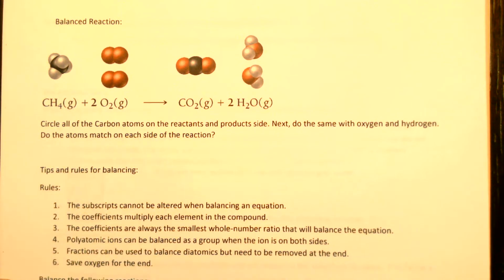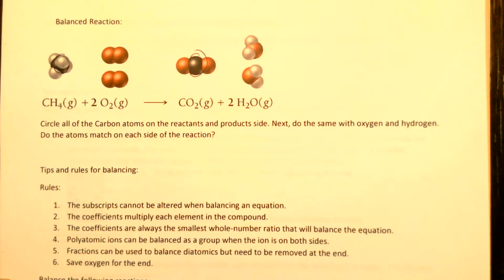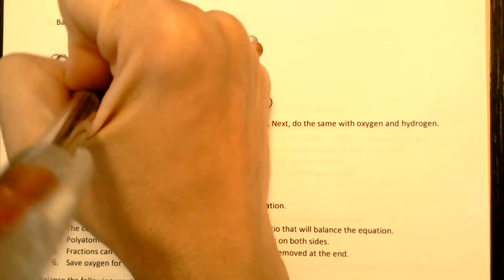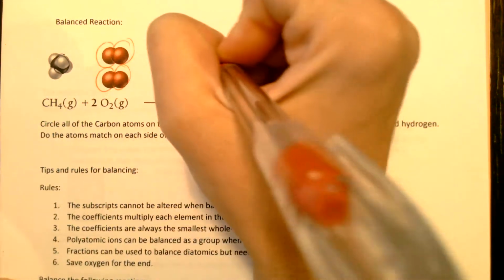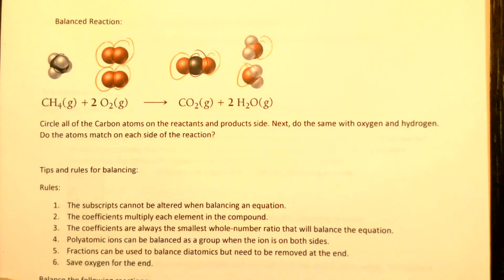So circle all of the carbon atoms, so here and here. Next, do the same with oxygen. 1, 2, 3, 4. 1, 2, 3, and 4. And then I'll use, let's see, how about blue?